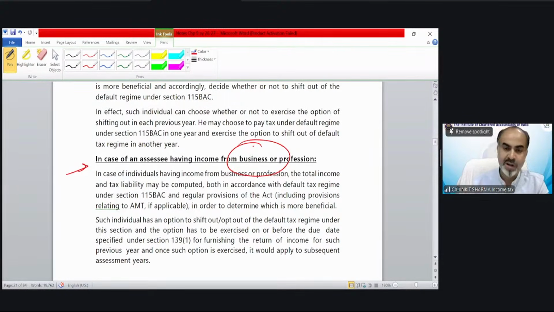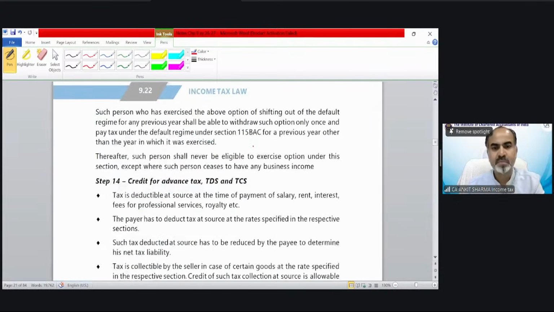If you are paying under the default tax regime, you can come out of it and pay tax under the optional tax regime. And if you go back again to the default tax regime, then you do not have the option to go back to the optional tax regime as long as you have business income. I believe this concept must have been discussed in detail under the return filing concept.